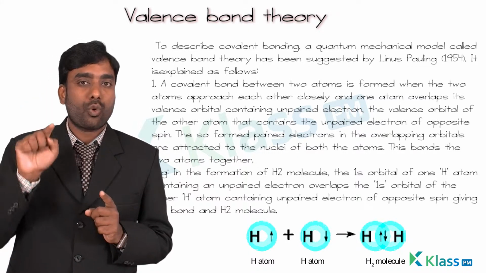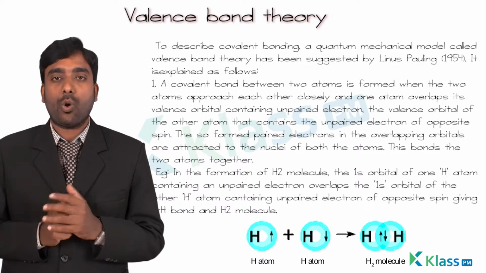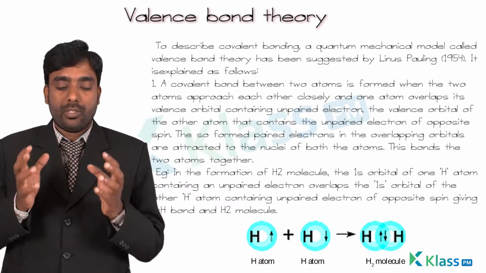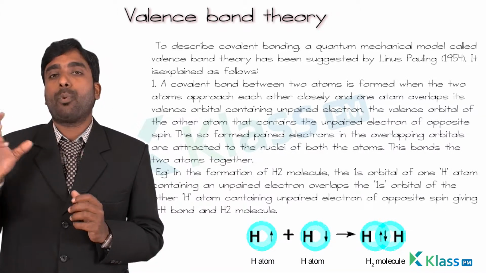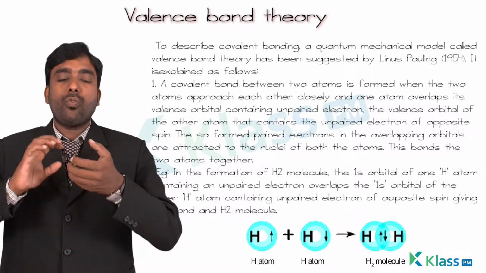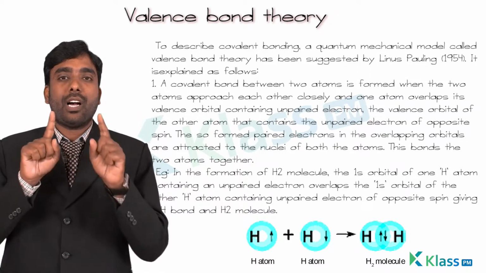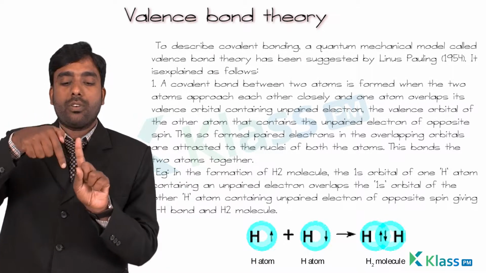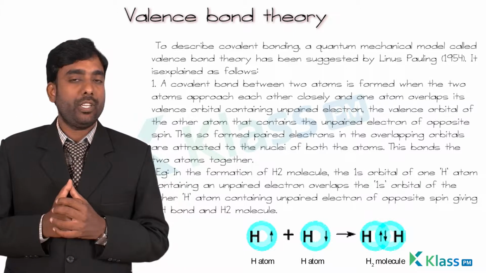Clockwise spin we have shown with an upward arrow and anti-clockwise spin with a downward arrow. So these two orbitals of the two atoms should have unpaired electrons with opposite spin. These two valency orbitals overlap with each other so that the unpaired electrons with opposite spin are shared between these two atoms and the covalent bond is formed.